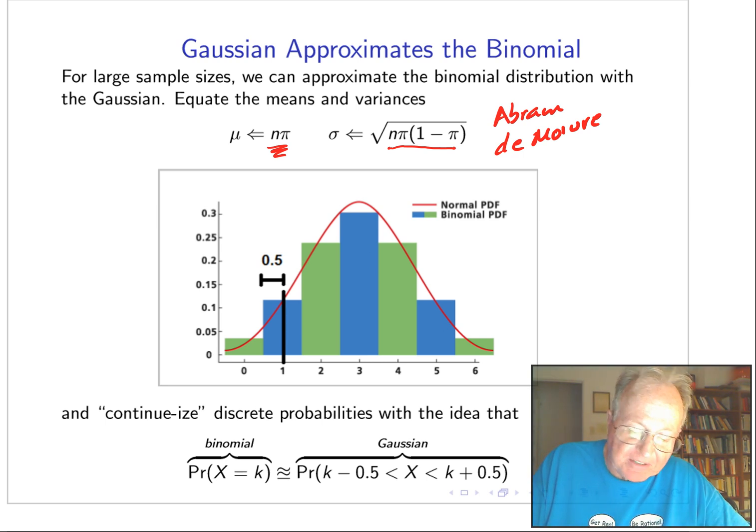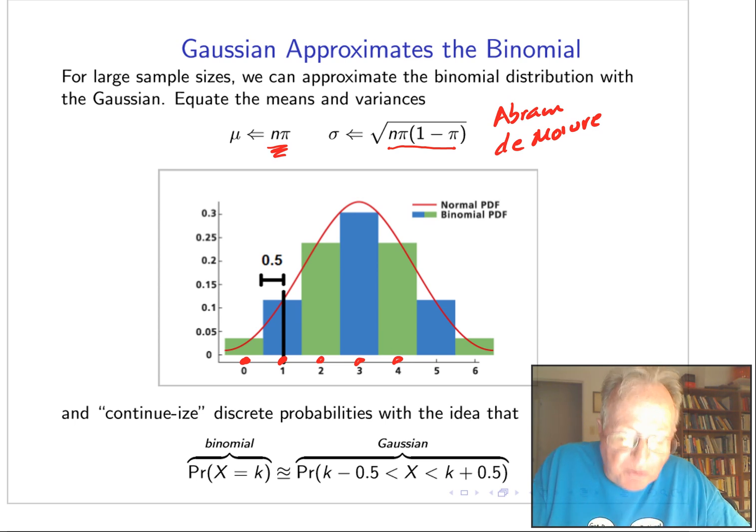Here's his idea. The bars show a binomial distribution, the curve shows a normal distribution, and what we're going to do is basically try to use normal probabilities to equate to the binomial probability. Now, there is a problem here in that binomial values only occur at the integers 0, 1, 2, 3, 4, etc. Well, the normal is continuous and has all those values plus all the values in between.